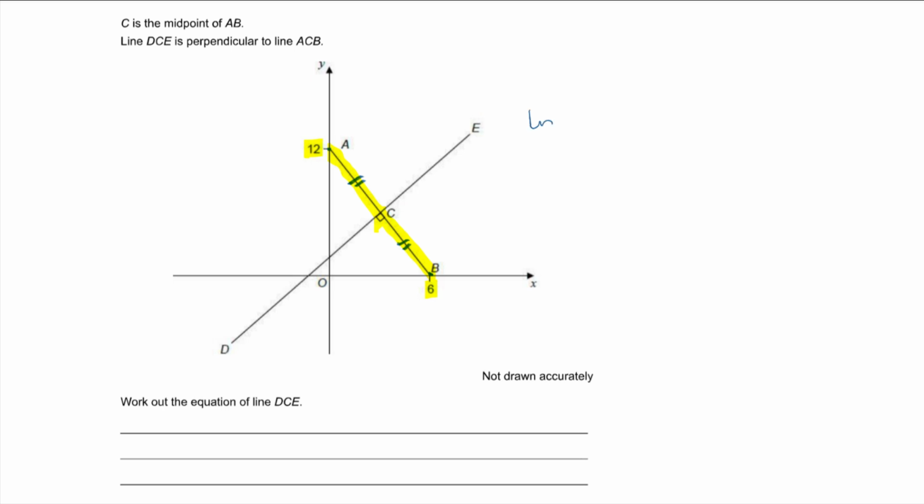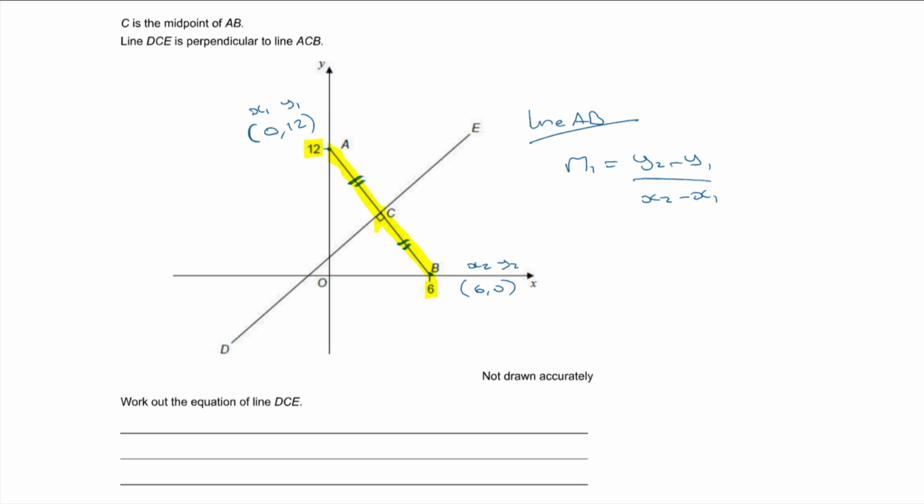For the line AB, then M1, the gradient, is going to be y2 minus y1 over x2 minus x1. Okay, now remember this point down here was (6, 0), and this point over here was (0, 12). So this could be my x1, y1, and this could be my x2, y2 coordinates.